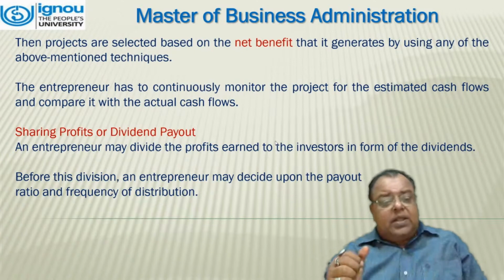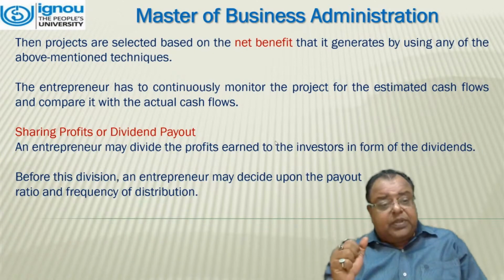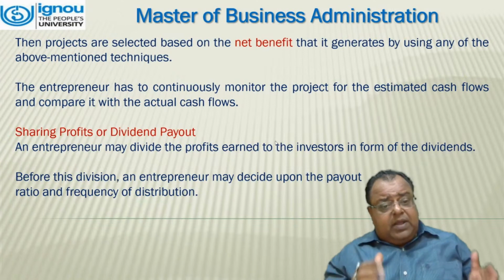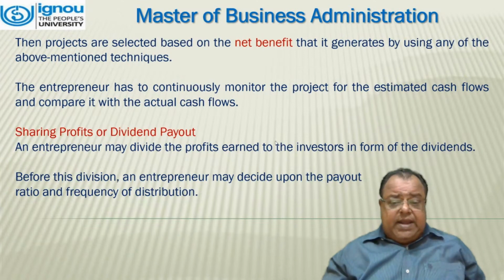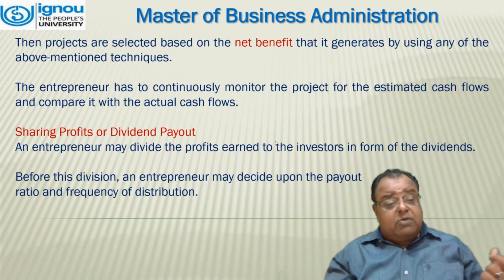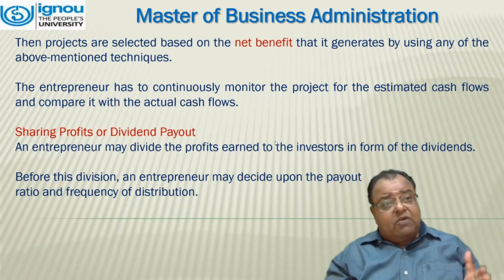Then comes sharing profit or dividend payouts. An entrepreneur may distribute the profit earned to the investors in the form of dividends. Before this, an entrepreneur may decide upon the payout ratio and frequency of distribution.